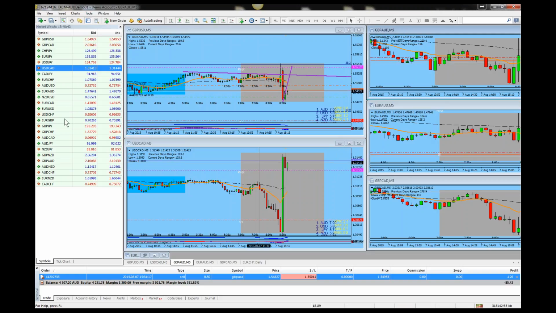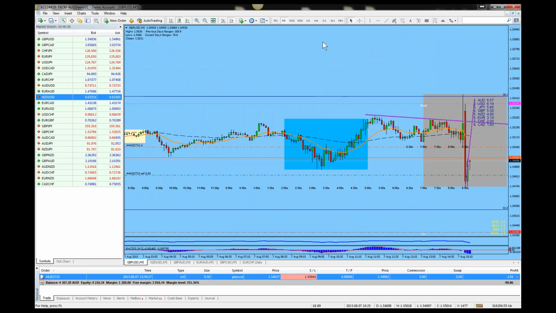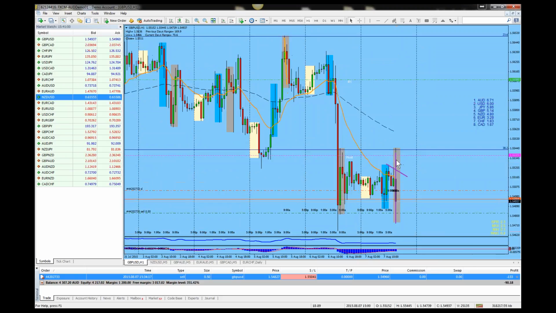Okay, so let's look at any of the other dollar pairs and just see. We did New Zealand dollar, same sort of thing. All right, so nothing really dramatic here. We go out to the... I got these lines in the way.